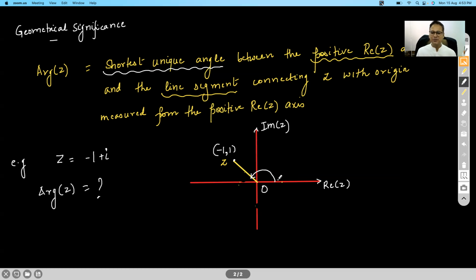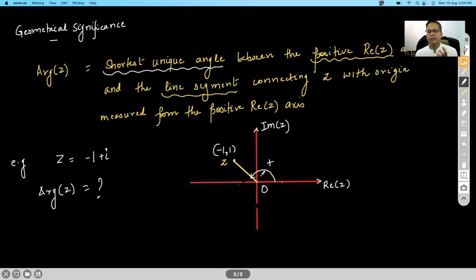So tell me, when you're going from positive real Z axis to hit this line OZ, what is the direction of your movement and how much are you moving by? So the direction is anti-clockwise, so it's a positive value. Remember, angles are positive when you are measuring them in an anti-clockwise direction, and they are negative when you are measuring them in a clockwise direction.